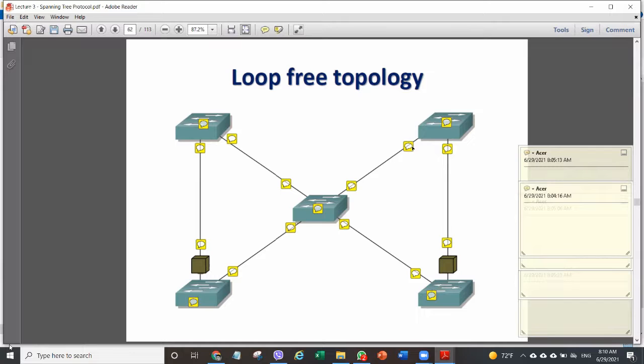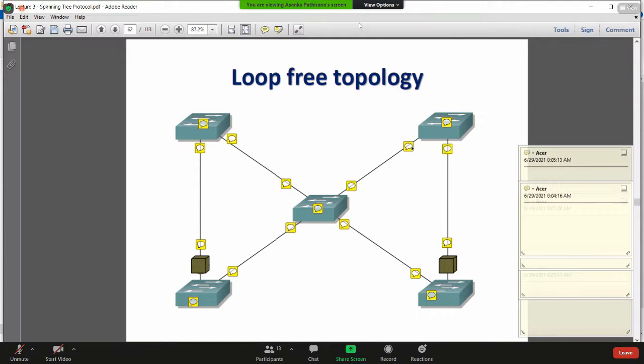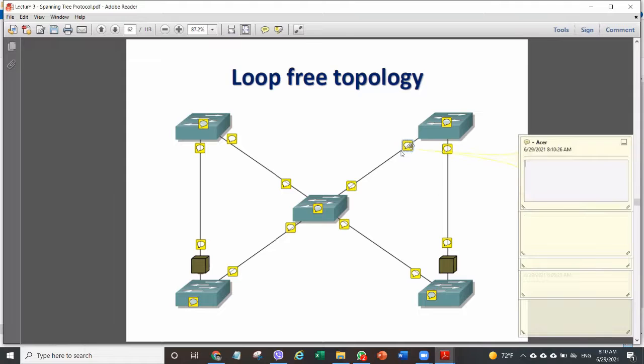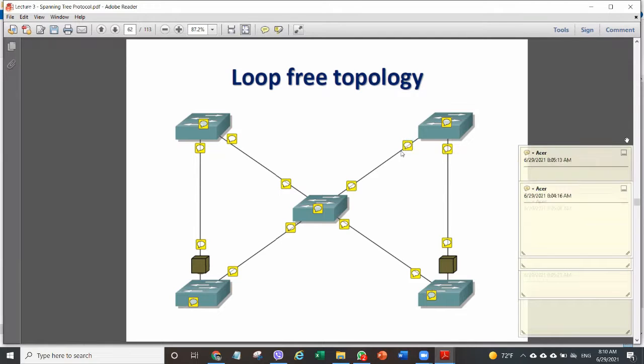If we consider one as the destination port, we can get that port as the root or the left side port as the root. So hold the cursor on this. Yes, I think this one. Yes, this is the root for that switch, because one switch has only one root.